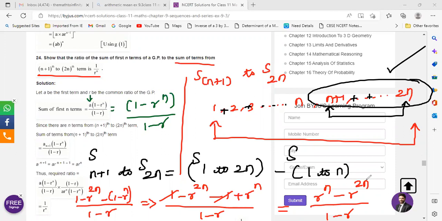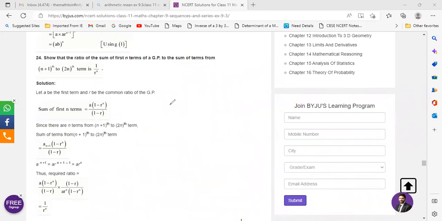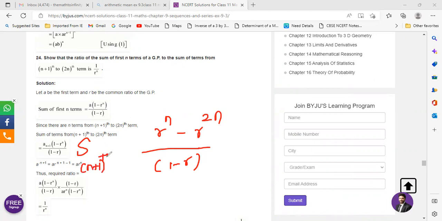So this is the answer for the second part. It's r raised to the power n minus r raised to the power 2n upon 1 minus r. This is the result for the sum of the terms from n plus 1 to 2n.